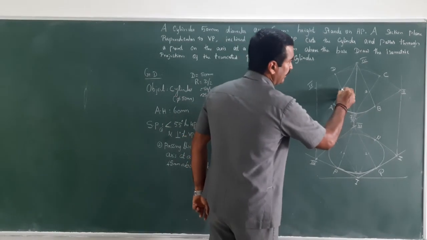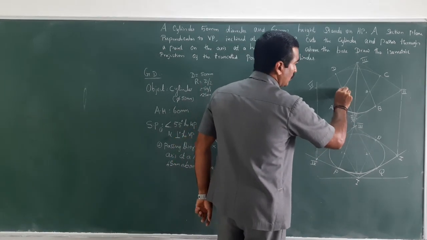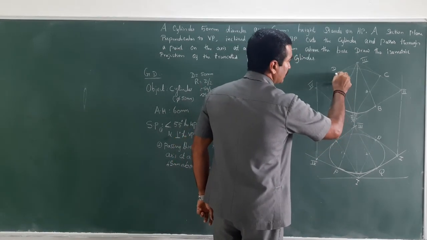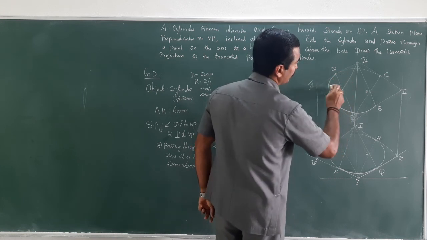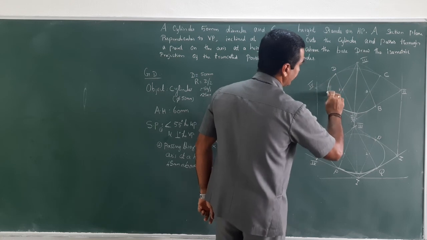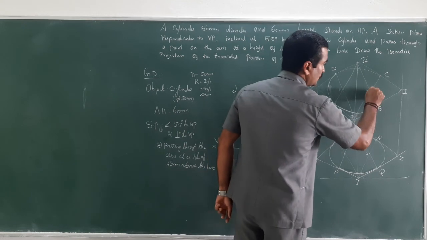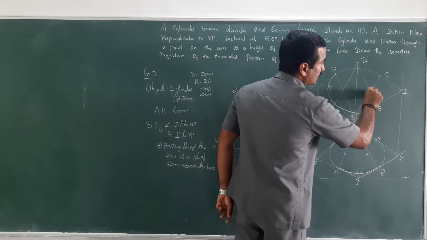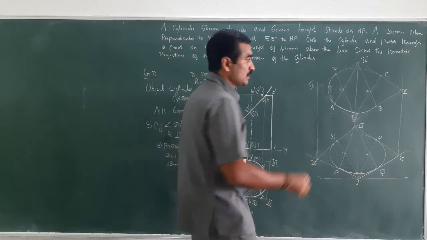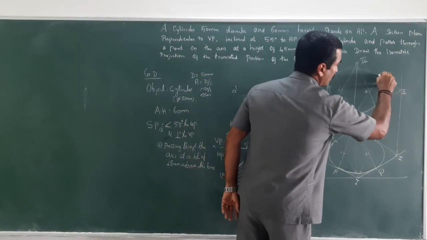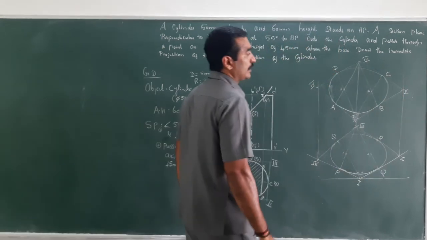Now, take the distance between 1 to D or 1 to A, keeping 1 as center, just draw an arc between D and A. Now, choose 2 as the center, stretch your compass to 2 to C or 2 to B, which is the radius, and 2 as center. Now, draw an arc between C and B.